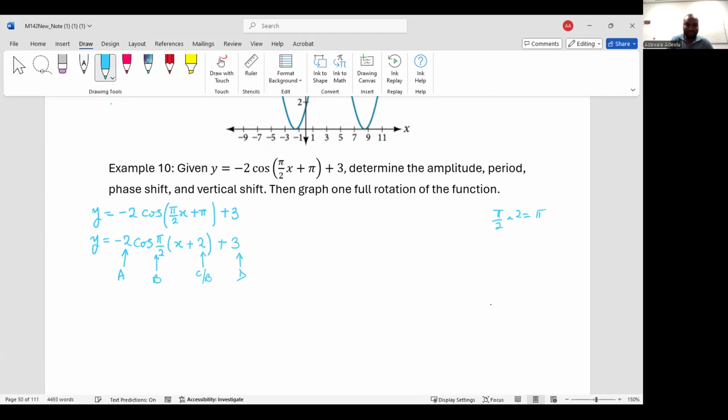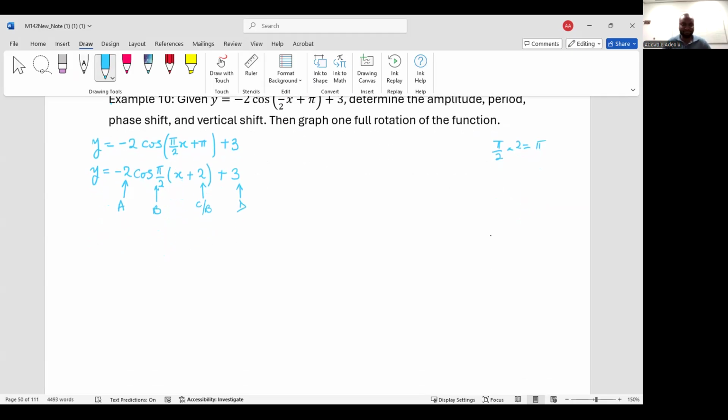Now let us graph. Are we ready to graph? Maybe, maybe not. Amplitude: the question says we should find amplitude and all those. Amplitude is the absolute value of A, which is the absolute value of -2, and it is 2. Then we want to find the period.